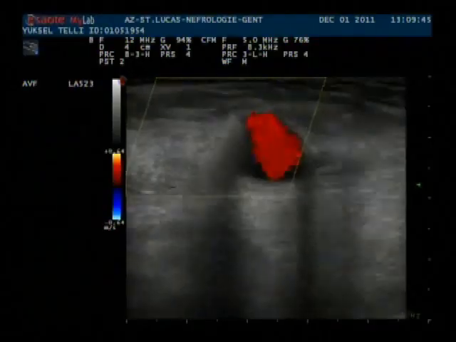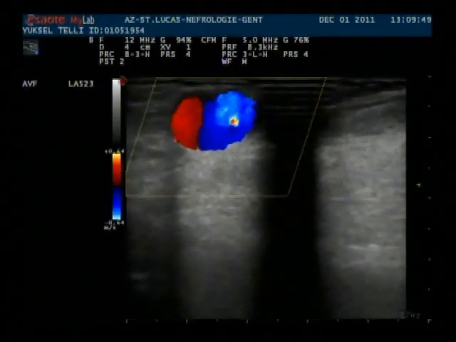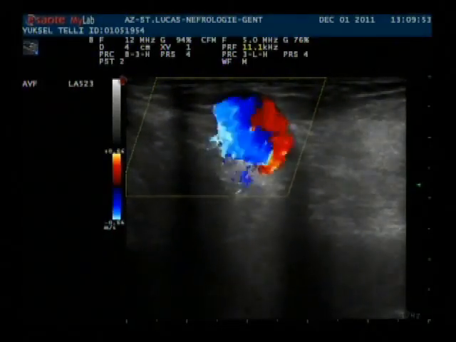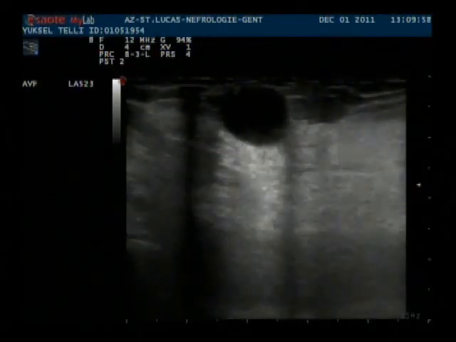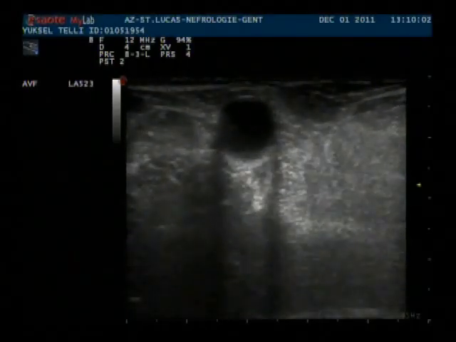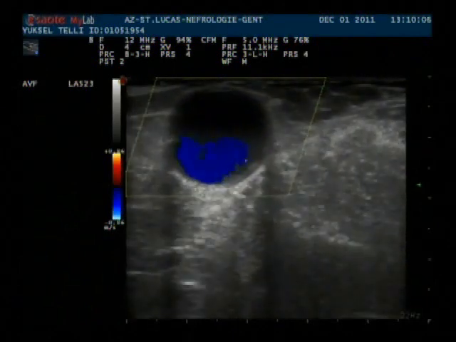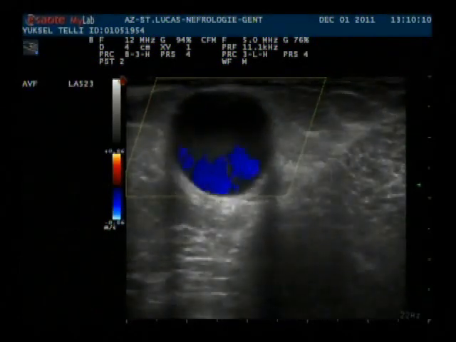So here we have the beginning of the outflow vein, which has a large caliber, probably over 1 centimeter. So it will be easy to cannulate, and we see a normal laminar flow within the vein.